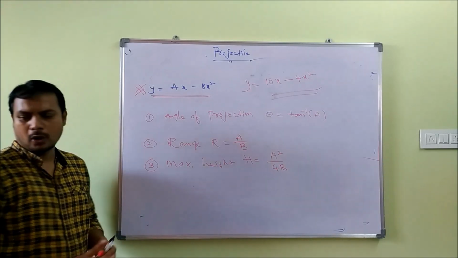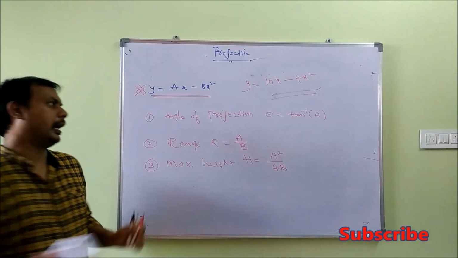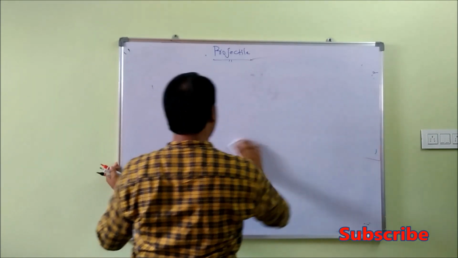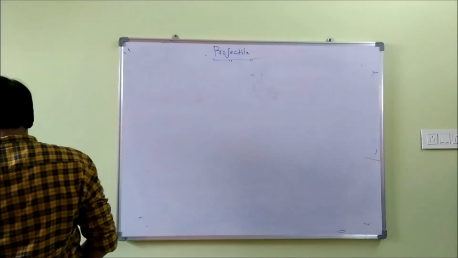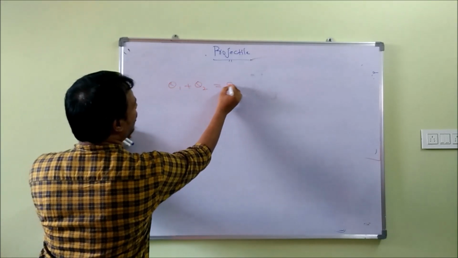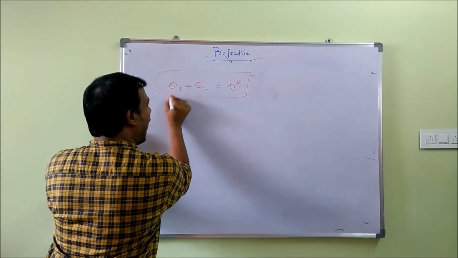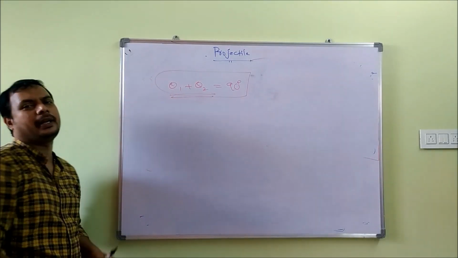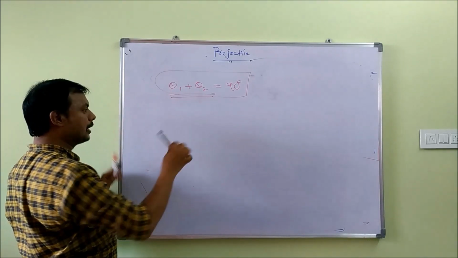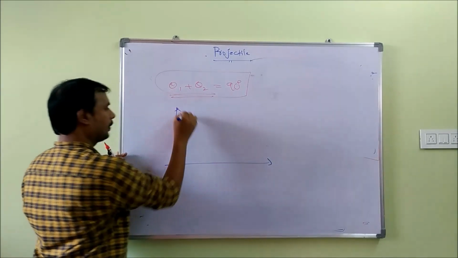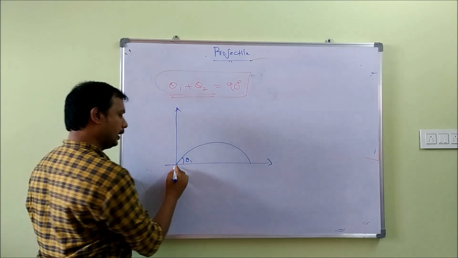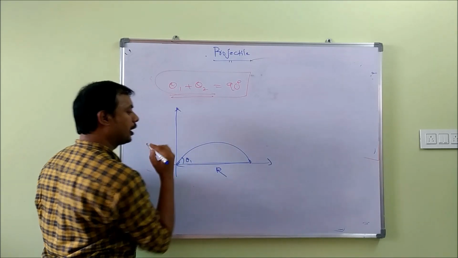Okay. Next, one more concept is complementary angles. What do you mean by complementary angles? Complementary angles means the sum of the angles equals 90 degrees. Those angles are known as complementary angles. In the case of complementary angles, theta 1 is the first angle, and this is the range covered by the projectile.